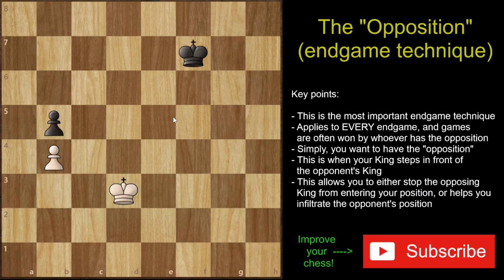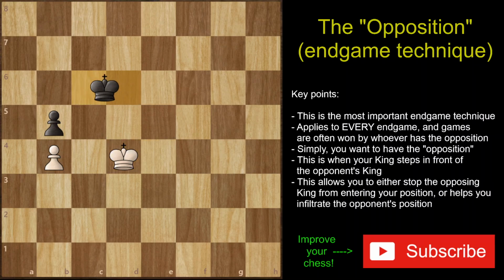Now, why is it a draw when it's black to move? So firstly, no, this is black to move rather. Why is it a draw? Because black's first move is king e6. Now, white can gain opposition by going king e4, but the problem with that is black will stop white from going into his position.